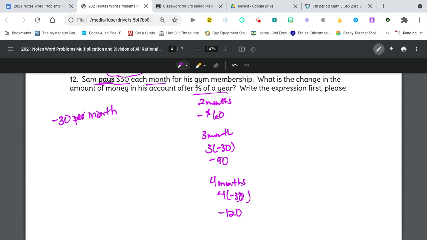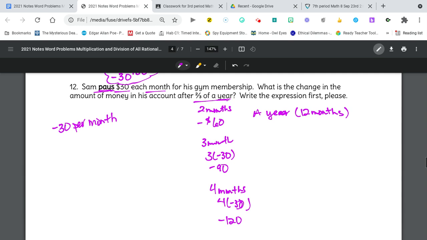But it doesn't even say months. It says a year, and it doesn't say a whole year. It says 2/3 of a year. Had it said a year, I could have used 12 months. Okay, but it doesn't even say a year. It says 2/3 of a year. So, Miss Blue, what do I do about that? I don't know how many months that is.